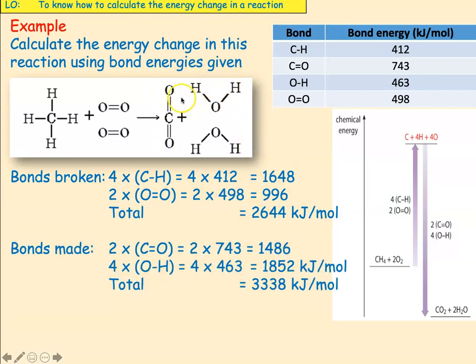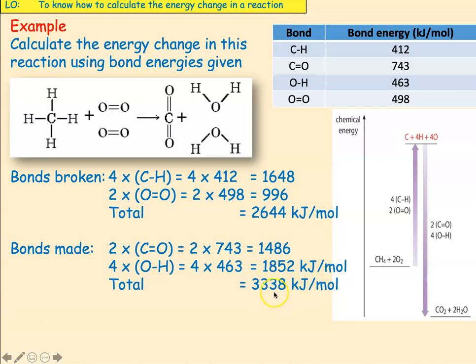Now, when we're making all of these bonds, we are making 2 C double bond O. So 2 times 743, 1,486, plus 4 O-H bonds, 4 times 463 from the table, gives us 1,852 kilojoules.